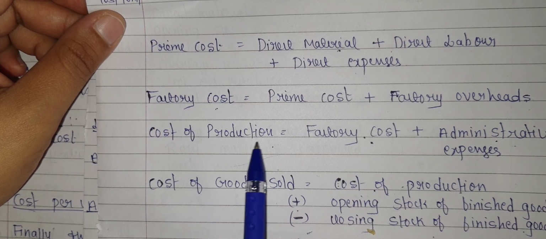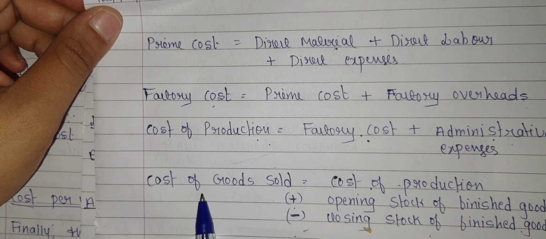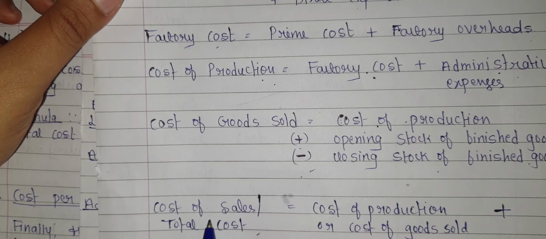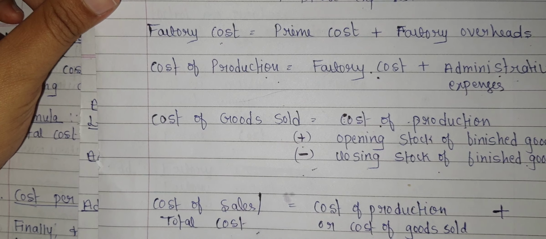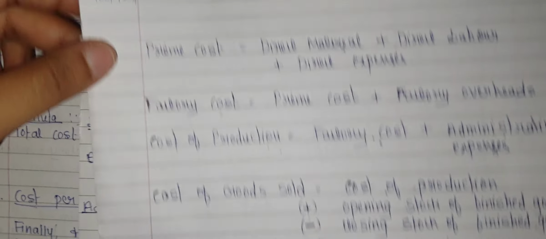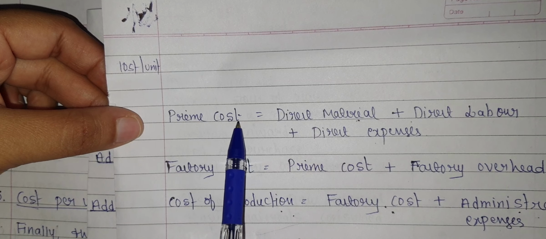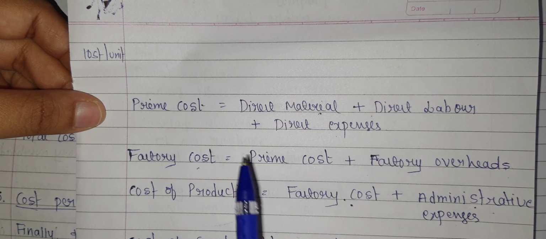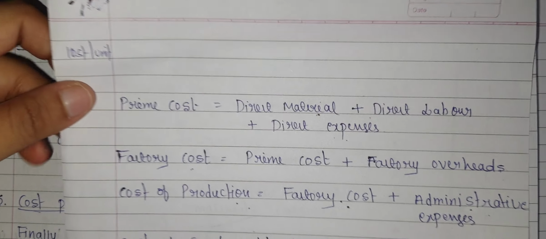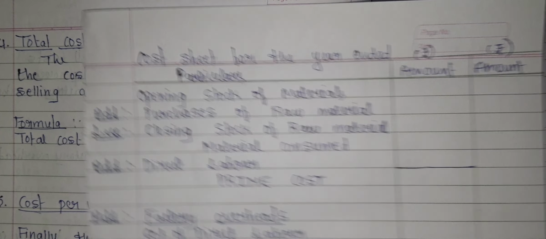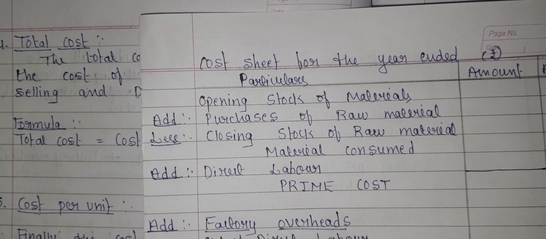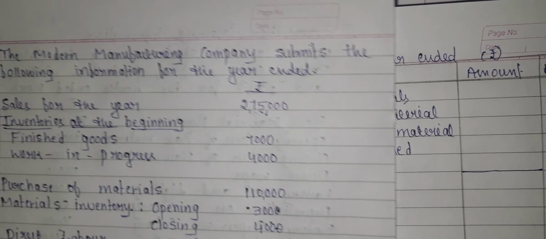The third one is cost of production, the fourth is cost of goods sold, and the fifth is cost of sales or total cost. First we have to find out prime cost. It means direct material plus direct labor plus direct expenses. Clear?